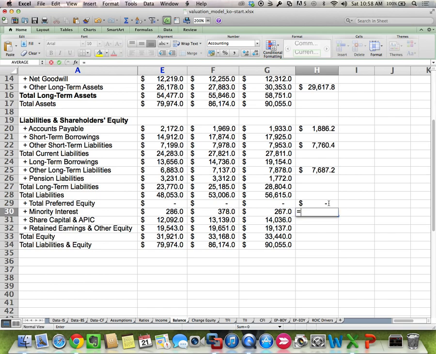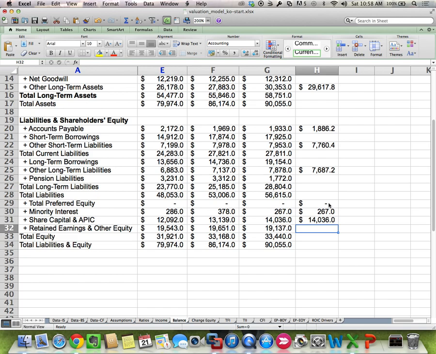Minority interest equals previous year. Since we're not going to change the capital structure, whatever minority interest that we owe to our current minority shareholders, we're going to still owe them in the future. Share capital and APIC, additional paid-in capital, equals the previous year. We're not going to issue any new common stock because we're not changing our capital structure. So whatever existing common stock at par value we have, we're going to continue to have.